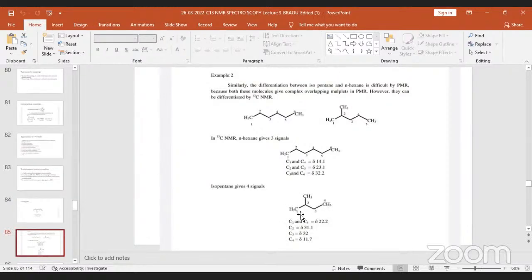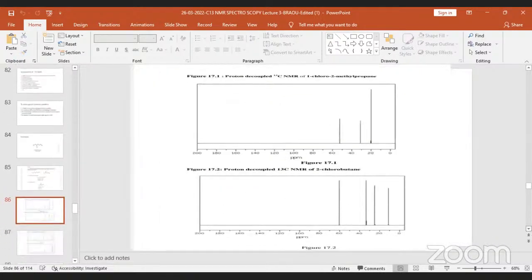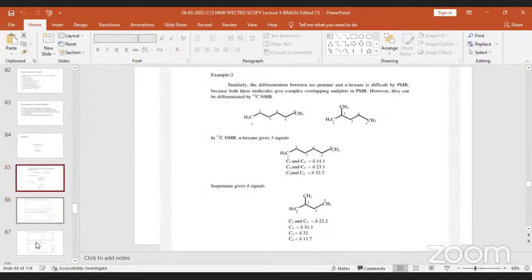Both n-pentane and isopentane have the same molecular formula, C5H12, but they give different chemical shift values. See, for example, if you are getting chemical shift values like this, it will be isopentane, or 2-methyl butane. You can identify the isomeric alkanes.